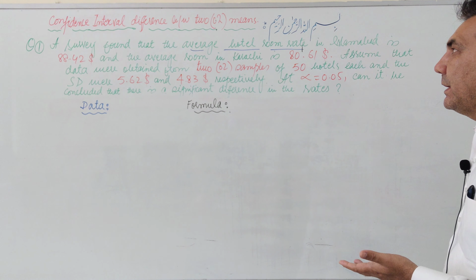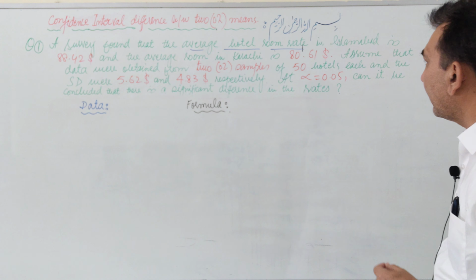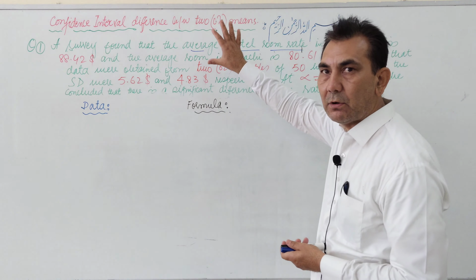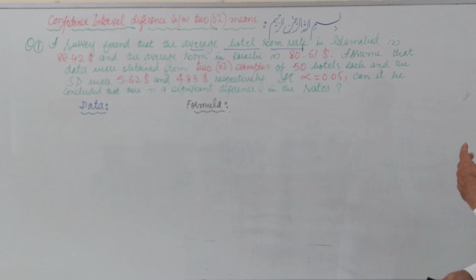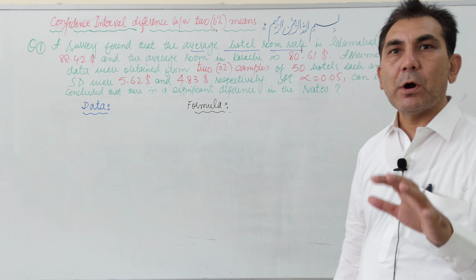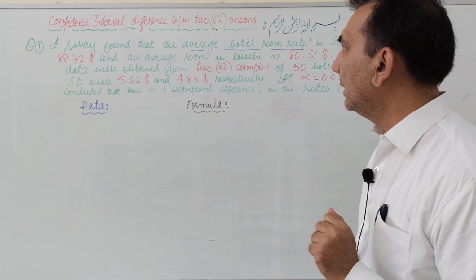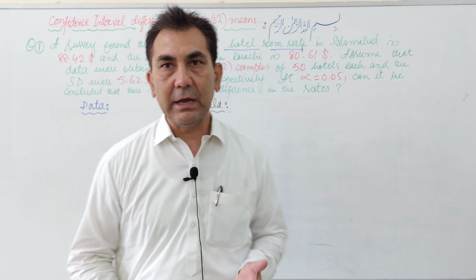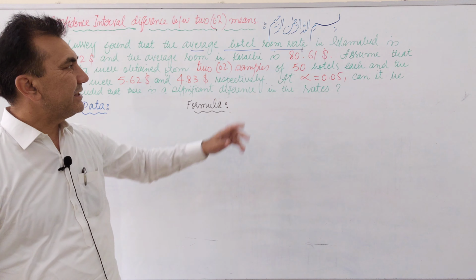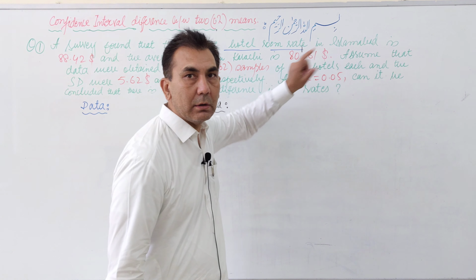A survey found that the average hotel rate in Islamabad is 88.42 US dollars, and the average room rate in Karachi is 80.61 US dollars.